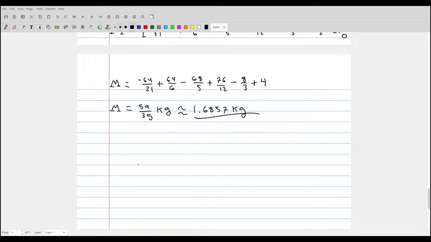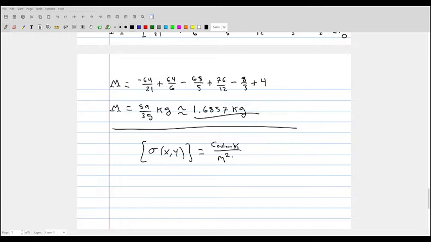And typically the charge density function, sigma, could be measured in units of, say, coulombs per meter squared. That's a potential unit for our charge density function.